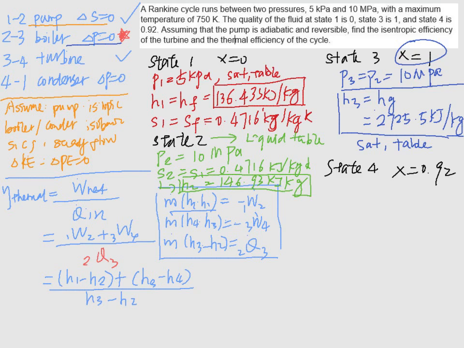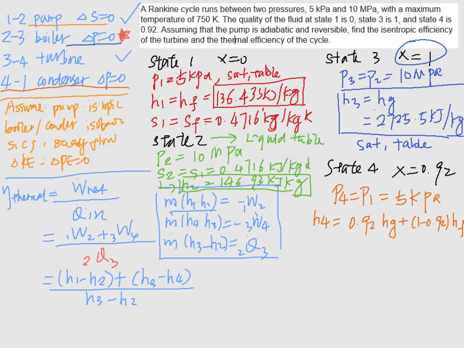All right, let's get the last one, state 4. At state 4, we know from 4 to 1, it's also isobaric. So P4 should equal P1, which is 5 kilopascal. We also know the quality is 0.92. So H4 is just 0.92 times Hg plus (1 minus 0.92) times Hf.